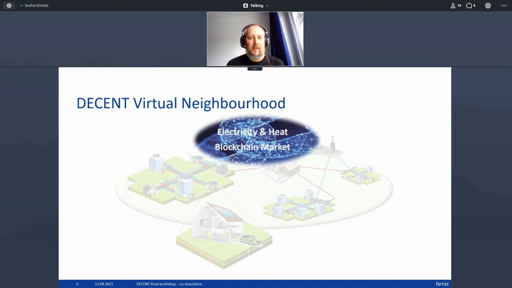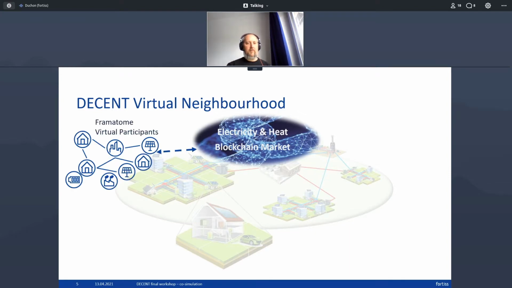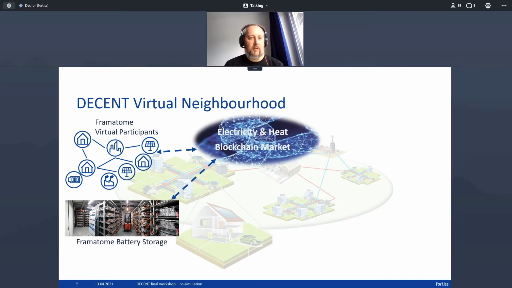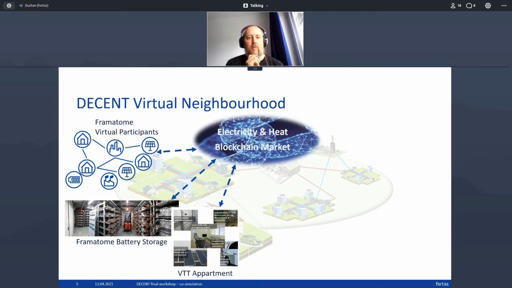So we have that heat and electricity blockchain-based market. We have the Framatome virtual participants, which are introduced. Also the battery storage for a district, for a quarter. We have the VTT apartment, which was introduced by Jussi Kiliander, and how it operates.